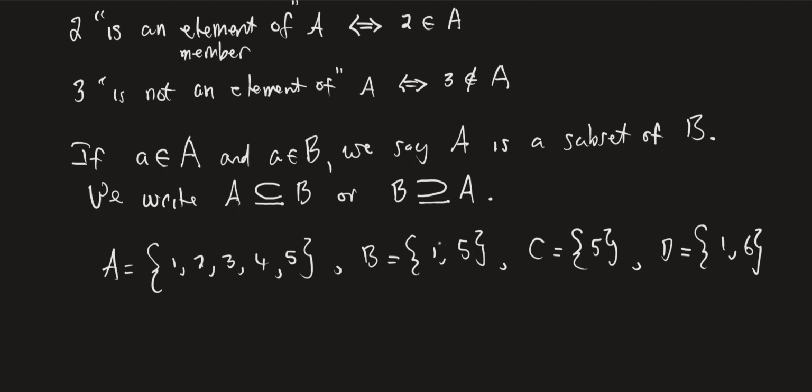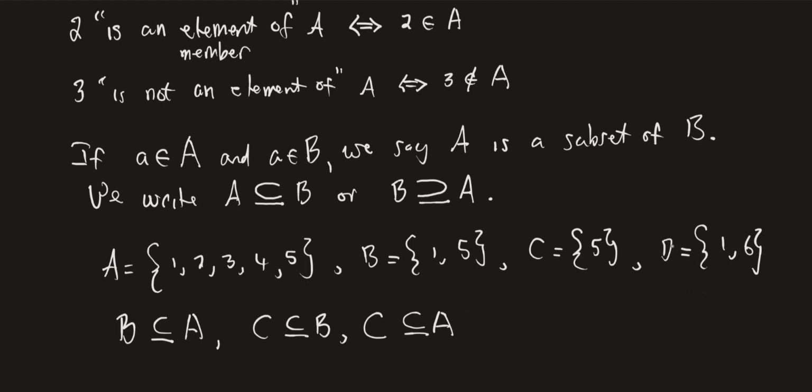Notice both elements in B are also elements in A. So I can say that B is a subset of A. Similarly, the element 5 is in both B and A. So in fact, I can say that C is a subset of B and C is a subset of A. Right? So all of these are true.